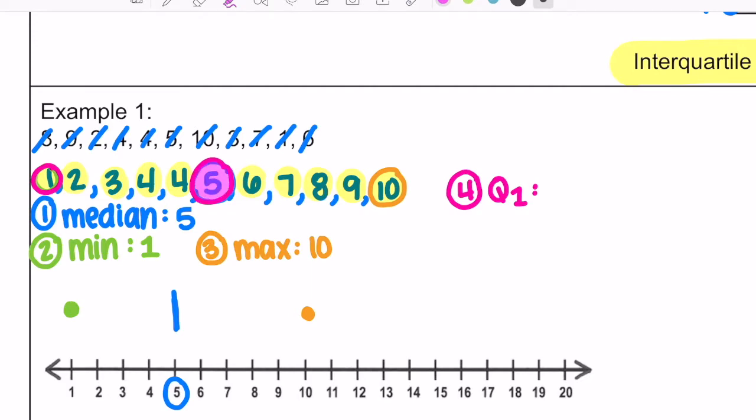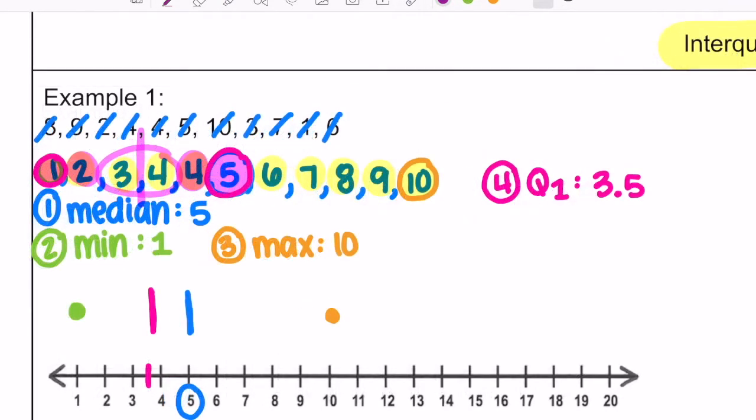So I'm going to cross out 5 and 1, 4 and 2. Then in the middle here, we have the numbers 3 and 4. So halfway between 3 and 4 is going to be that median. So halfway between 3 and 4 is going to be 3 and a half. So our Q1 is going to be 3.5.